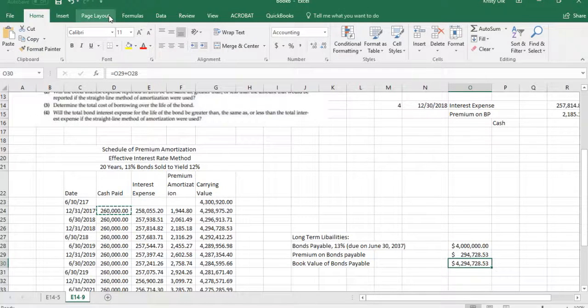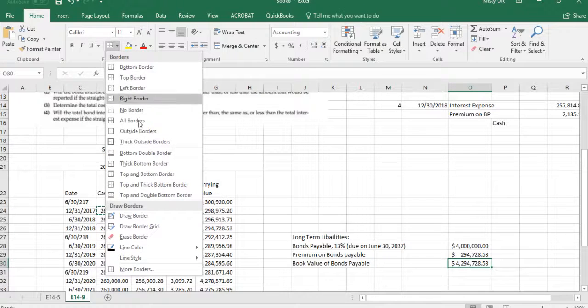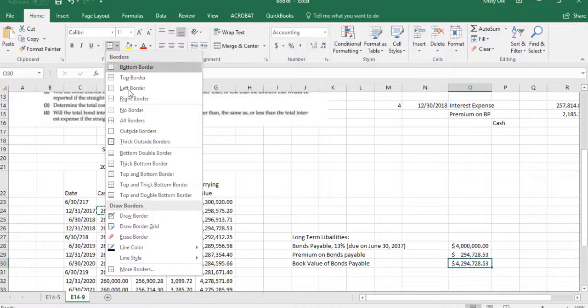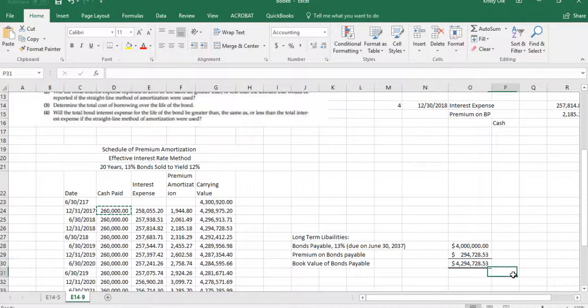We'll format this real quick to have both the upper and the lower borders. Oops, that's not a double border. I need a double. There we go. The date range we were looking at for this problem was 12/31/18.